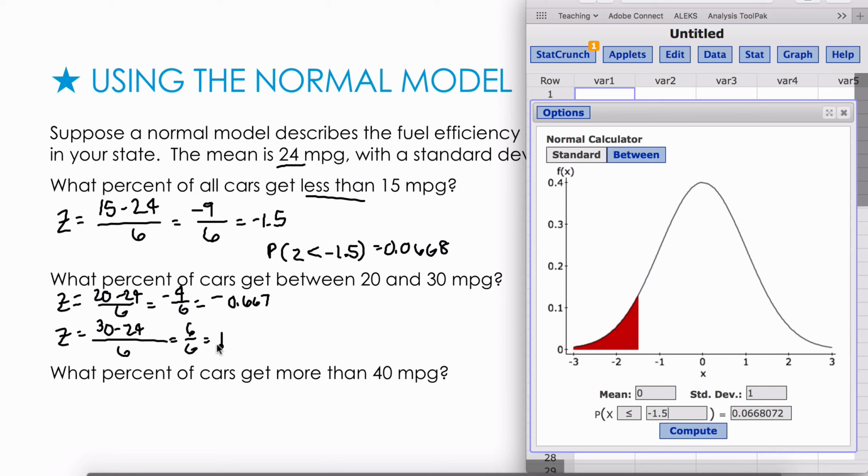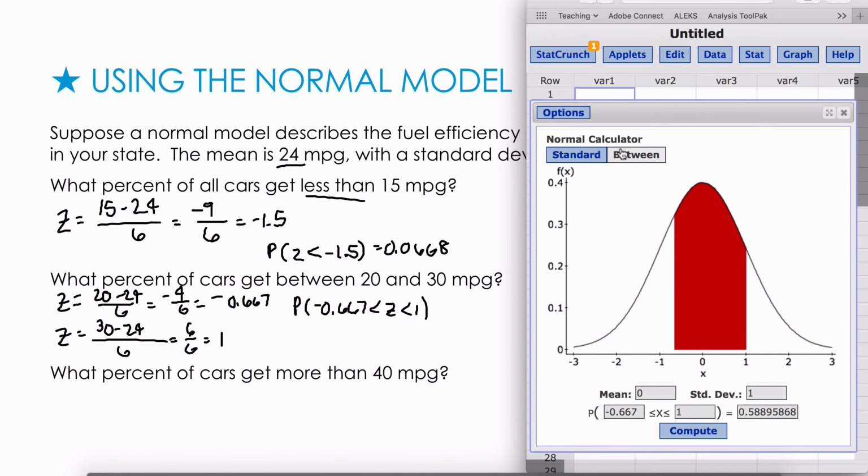So I'm finding the probability that negative 0.667 is less than z is less than 1. And again, over here, I would choose my between function. I'm still using 0 and 1. I've got negative 0.667 and 1. And notice I get my solution here, which is 0.589.